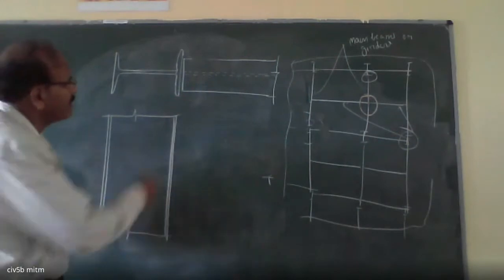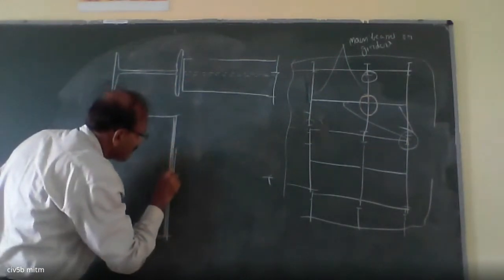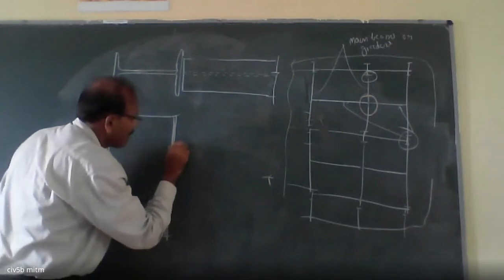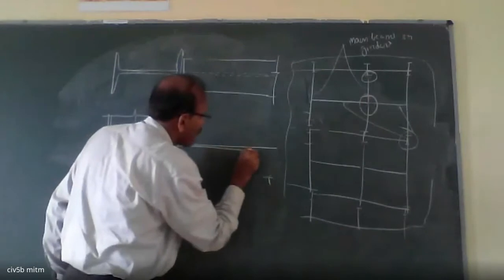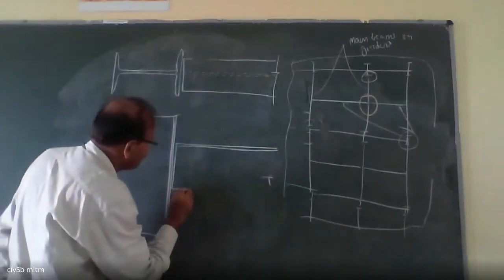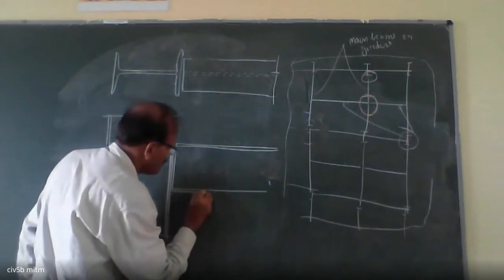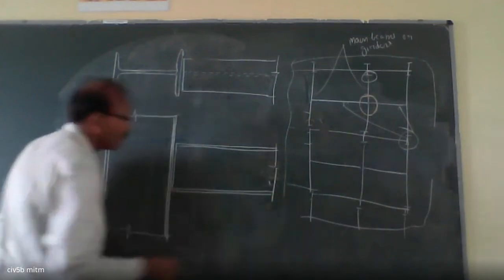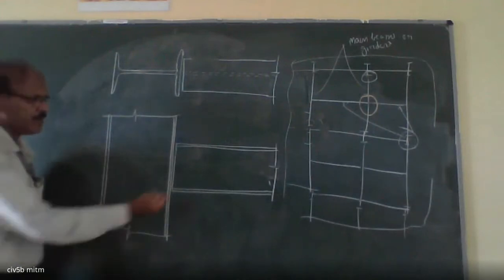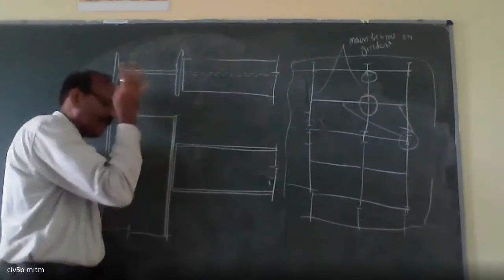Look from the side, you will see this like this. Okay, so that means this beam is coming and trying to sit on the flange.